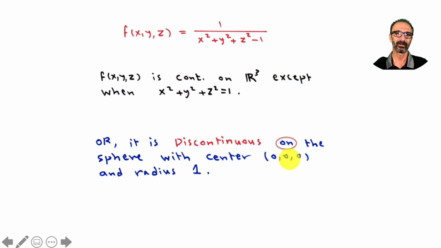So it's continuous inside it and continuous outside it, but not on it. That's why I circled the 'on', and discontinuous is highlighted in a different color to let you focus where it's not continuous.